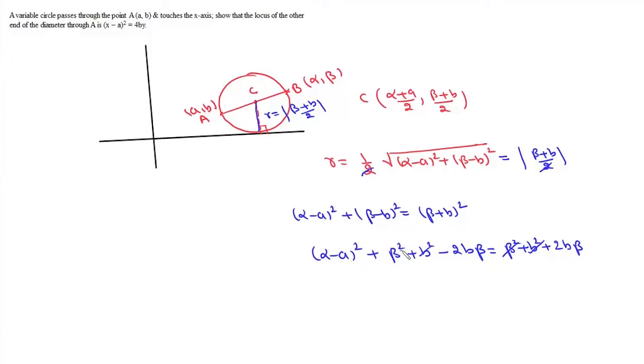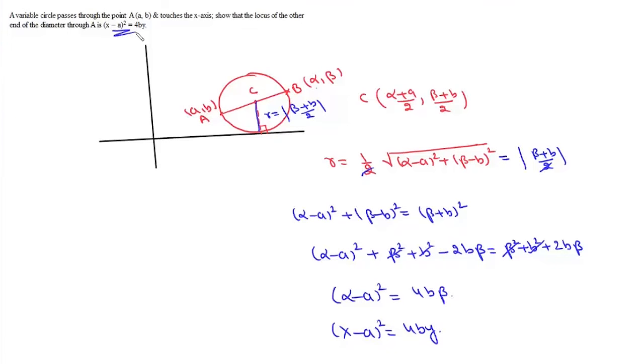Now these two will cancel. So we'll get this locus as (alpha minus a) squared equals 4b beta, and in the end we'll replace alpha with x and beta with y. So this locus will be (x minus a) whole squared equals 4by, which is what we need to prove in this question.